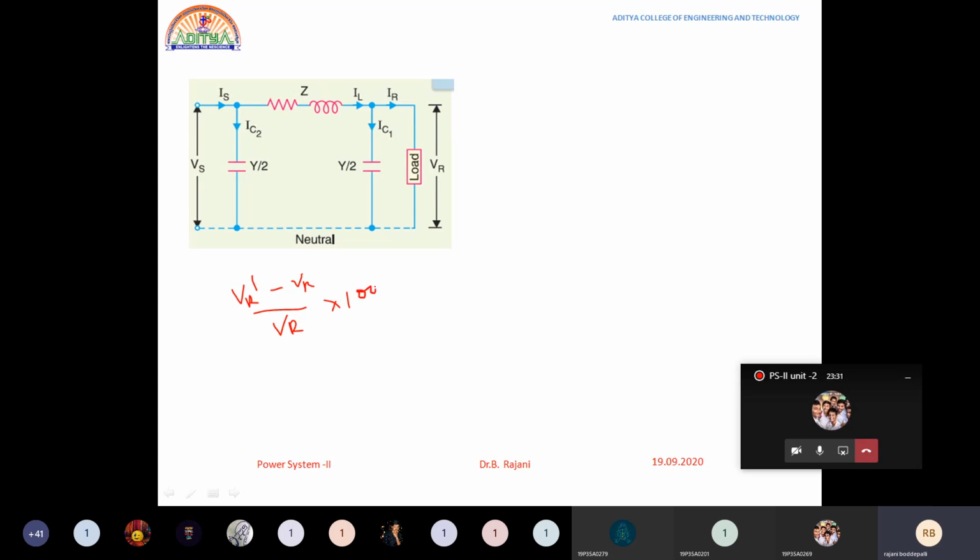We can write the percentage voltage regulation like that. Voltage regulation can be defined in two ways: sending end voltage minus, sorry, it is voltage regulation, not efficiency.